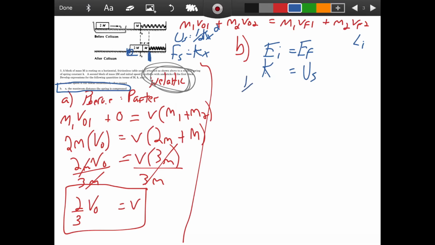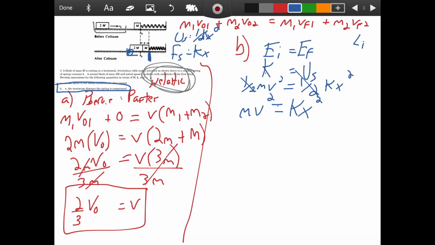If we plug in for these two formulas, 1/2 mv squared equals 1/2 kx squared. Sorry, it's messy. We can get rid of these 1/2s, and we have mv squared equals kx squared. What we're looking for is this x.